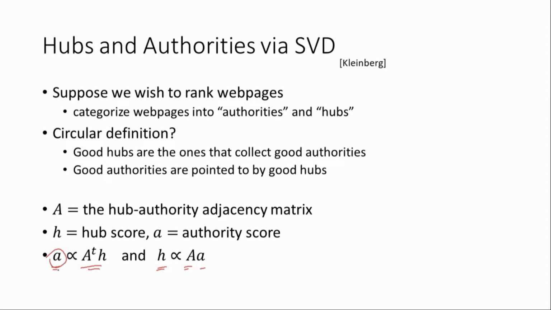So this is one way in which I could make this circular definition concrete: given the matrix capital A, can I come up with a vector h and a vector a such that these two conditions are satisfied? That the vector a is proportional to A transpose times h, and the vector h is proportional to capital A times the vector small a.